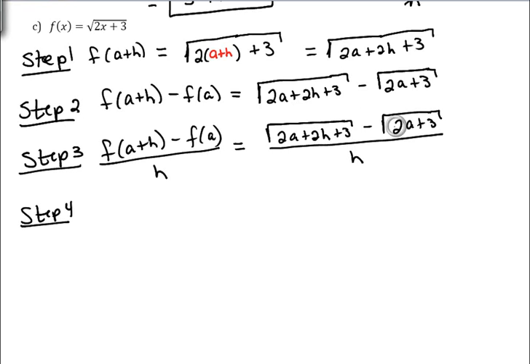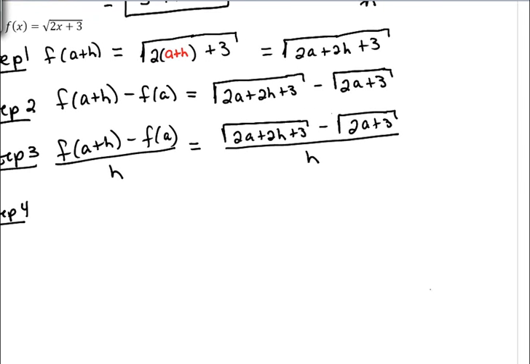So the way that we can get rid of our square root is to multiply by the conjugate. Just over here on the side, I want to talk about that for a minute. The conjugate of a binomial is the binomial except you change the sign in the middle. So the conjugate of a plus b would be a minus b. And when we multiply conjugates together, what happens?